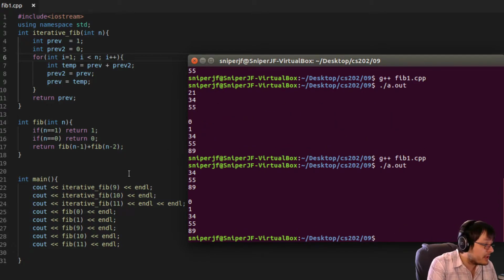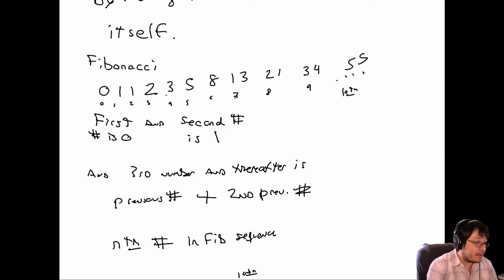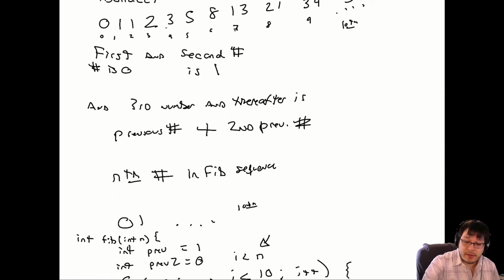Now they match because the 9 Fibonacci value. Well, I see what's happening. It depends on what you consider to be the 9th. Are you saying the 9th starting from 0 or starting from 1, right? Because the way that we had it here, I did have starting from 0 as a 0, right?